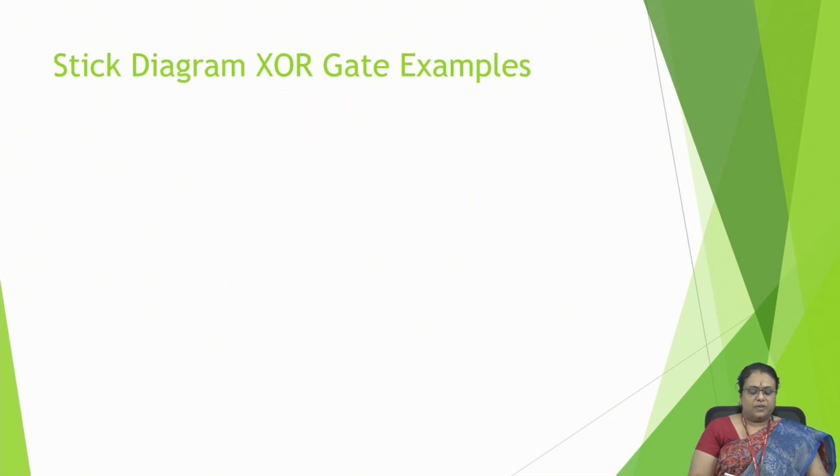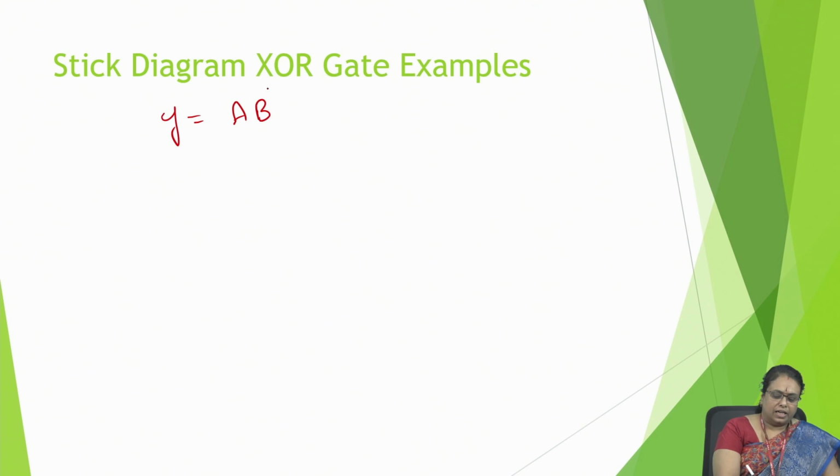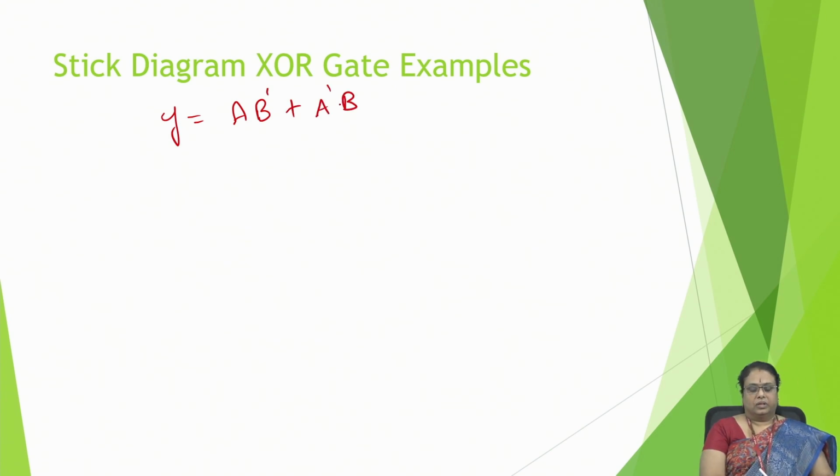Right. If you want to see XNOR examples, how do we draw the XOR gate? XOR gate logic is nothing but A into B bar plus A bar into B. So for this logic, the general representation is we can directly take A and B bar to each of the transistors, make the series combination of it as well as the parallel combination of it.